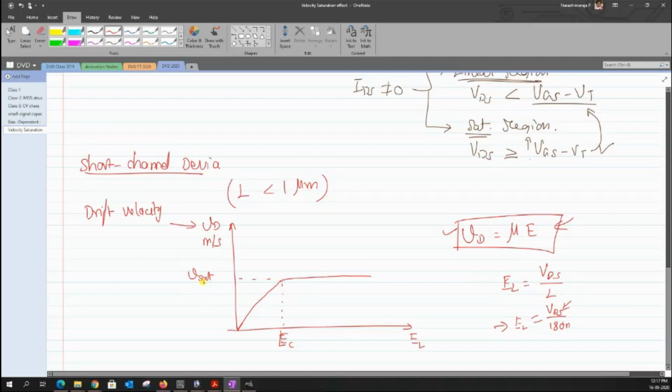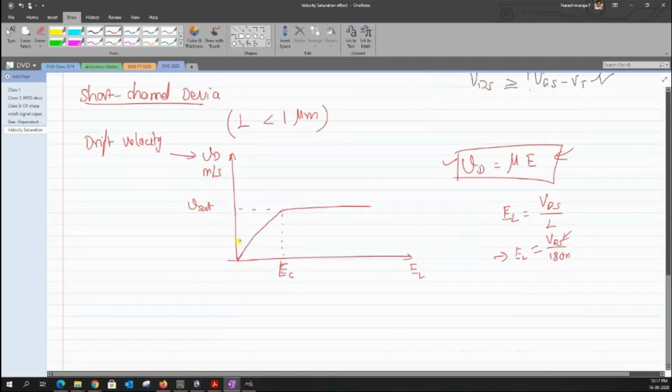Clear? I guess this graph we have discussed in the last class as well. Now clearly, this carrier behavior is not reflected by this classical physics equation. So we have to modify this drift velocity expression in order to fit the behavior that the real device actually shows.